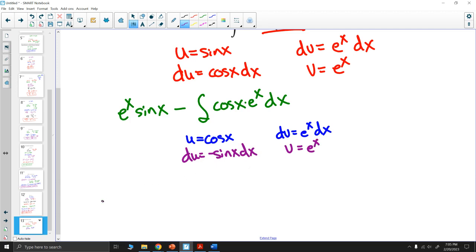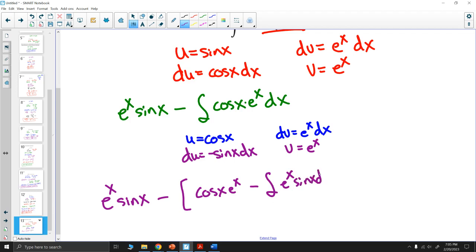So we have e to the x sine x minus the integral, I'm sorry, minus the brackets here, uv, so that's cosine x e to the x, minus the integral of v du, e to the x times sine x dx, and it's a negative, so right there.